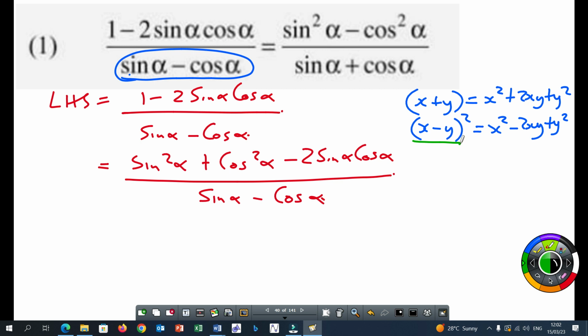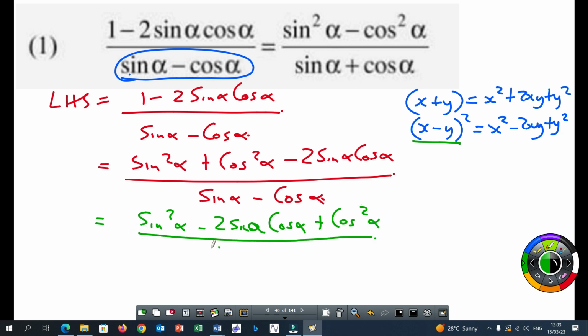So, for me to carry on and be able to get the sine squared alpha and the cos squared alpha, if I factorize this and write this as sine squared alpha minus 2 sine alpha times cos alpha plus cos squared alpha, this is all over sine alpha minus cos alpha. Right?